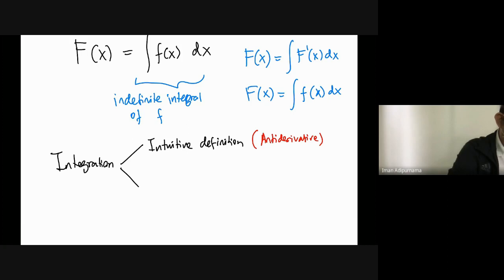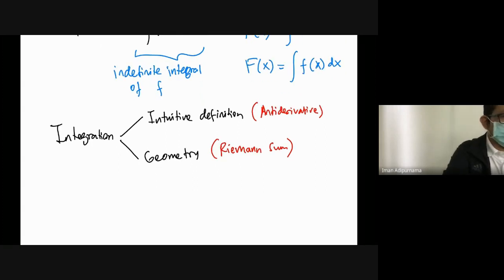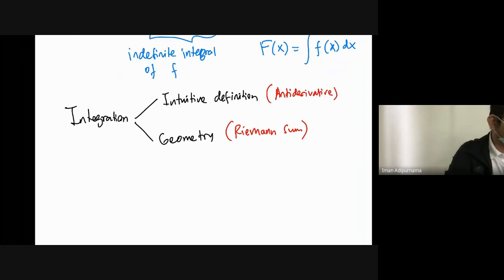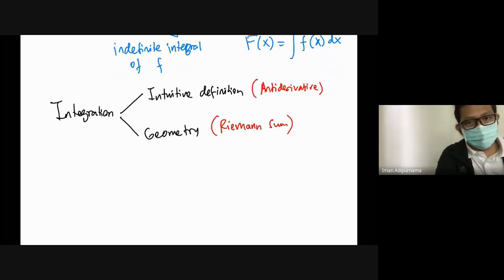And the other one is the proof with geometry, with an area, right? This will be proved by the Riemann sum. Later we will have this in chapter 5. But first we are just going to look at the antiderivative as the intuitive definition of the integral.